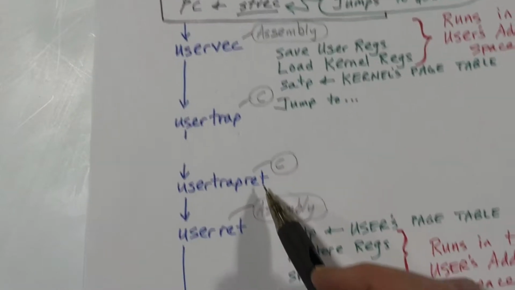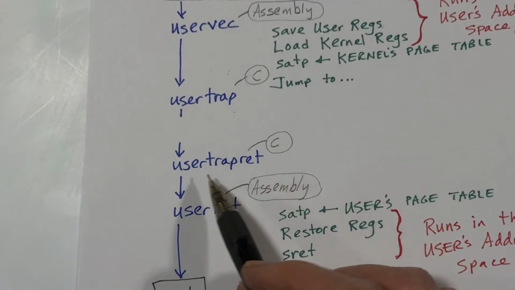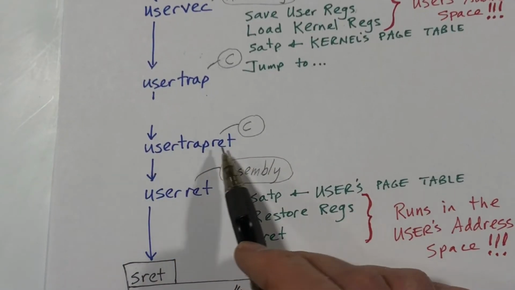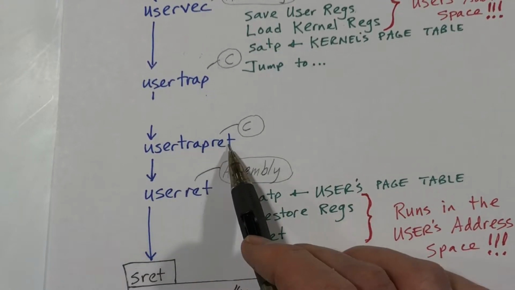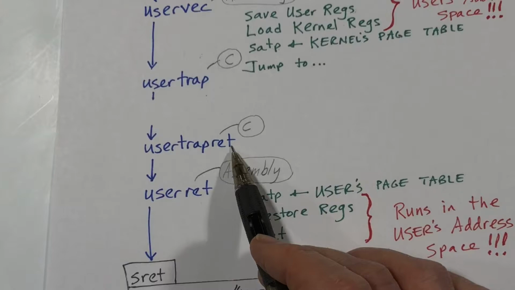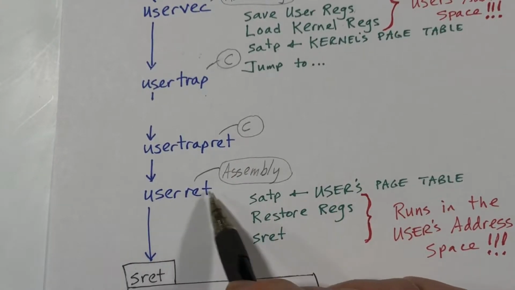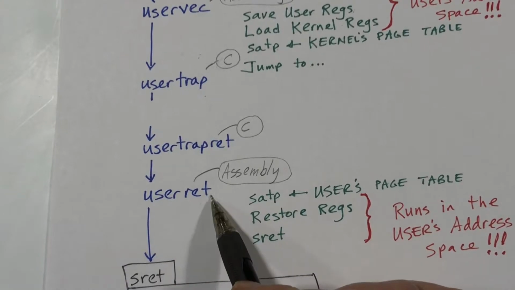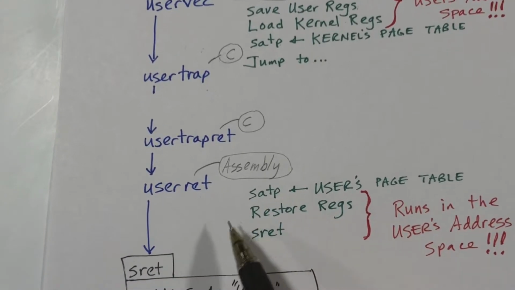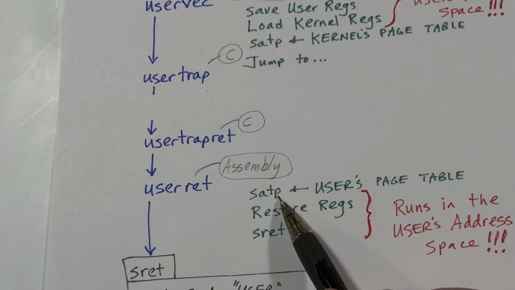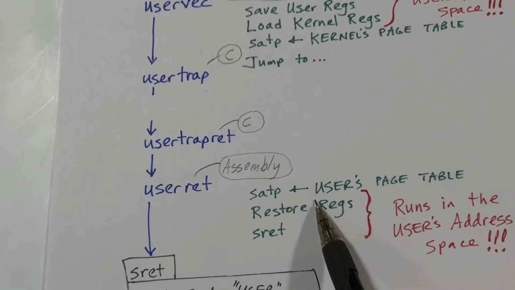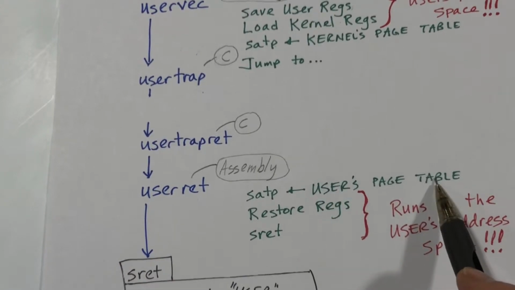Later, when we get ready to return to the user code, we call this usertrapret routine. And this usertrapret function will call a routine called userret. Userret is coded in assembly language, and it will restore the SATP register, which will switch us back into the user's virtual address space.